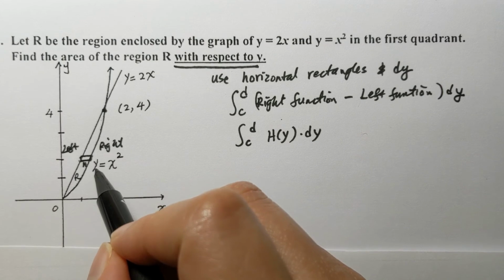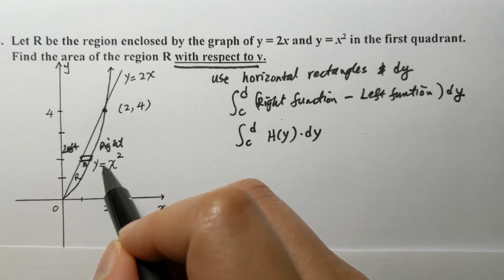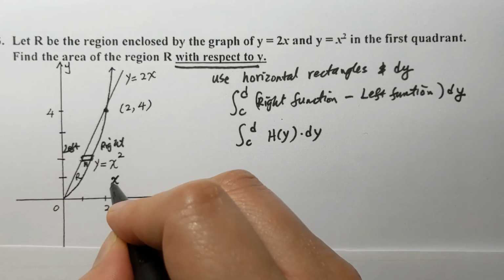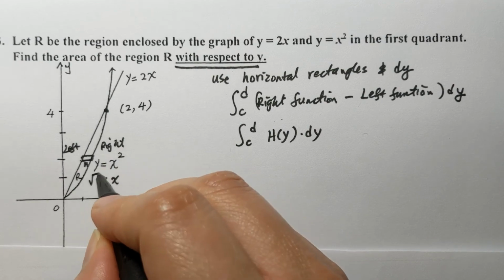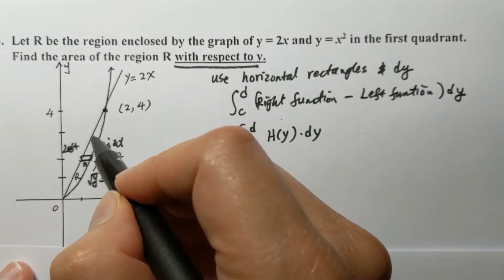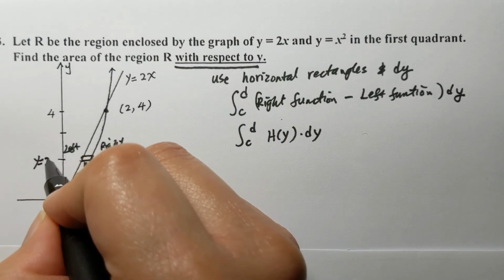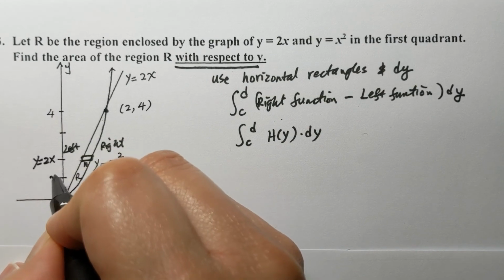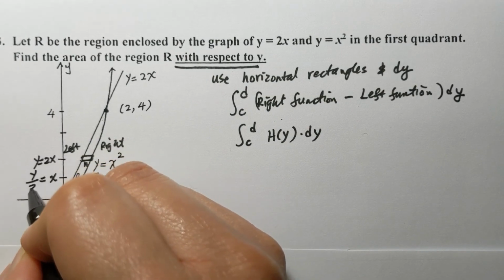So we had y equal to x squared. Solve for x, you get the square root of y, and this is your right function. For y equal to 2x, you solve for x, so x equals y over 2, and this is your left function.